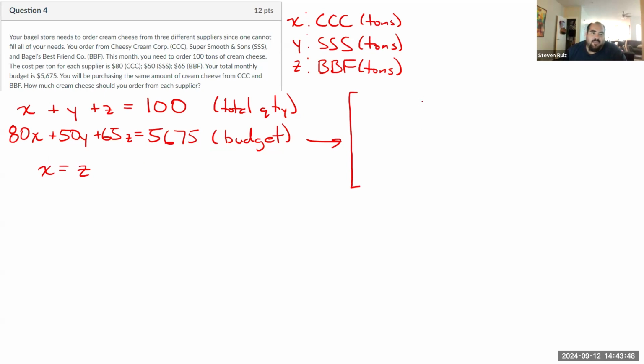So I'm going to set this up in a matrix. So first equation here, I got 1, 1, 1, 100. So X plus Y plus Z equals 100. Next equation, 80X plus 50Y plus 65Z equals 5,675. X equals Z. We got to be a little careful because we're missing details here.